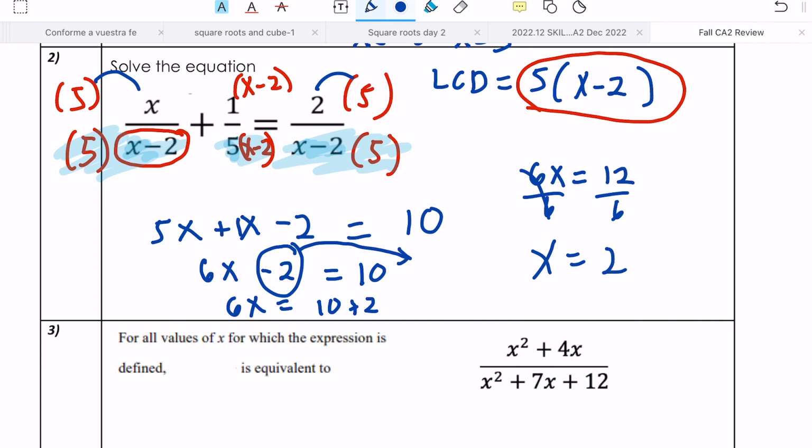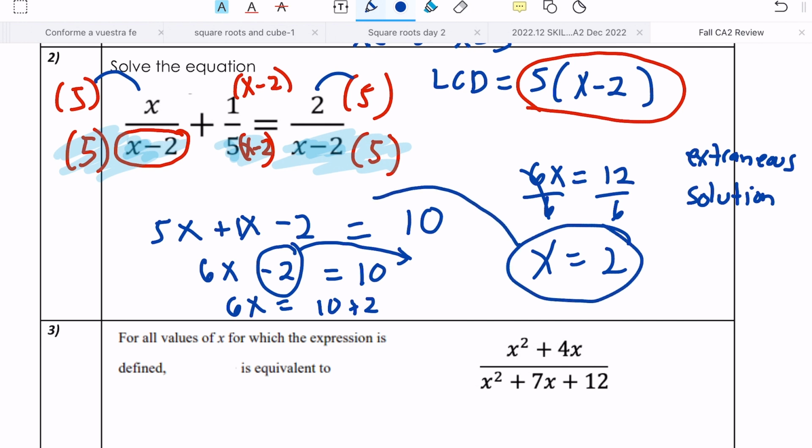However, when x equals 2, we notice that that's going to be an extraneous solution, actually. Because when we substitute x equals 2 here in the original, that makes it 0, makes it undefined. So actually, this has no solution.